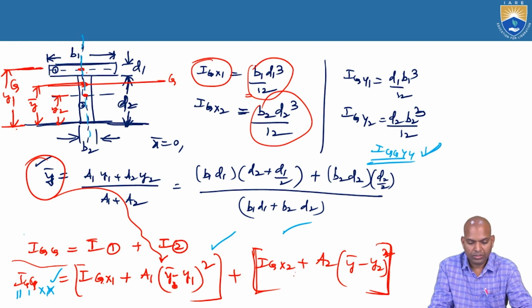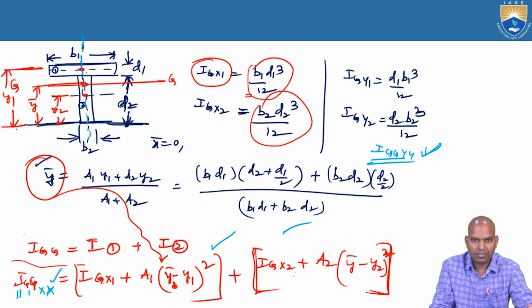Now, in this session we solved problems purely on moment of inertia. We calculated the moment of inertia of a solid rectangular section, hollow rectangular section, and solid circular section, and also how to use the parallel axis theorem to calculate the moment of inertia of a T section.